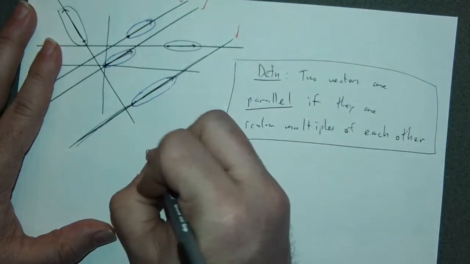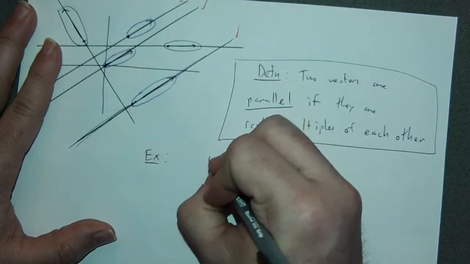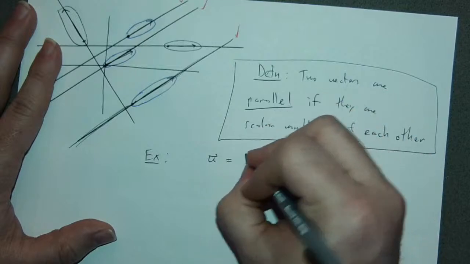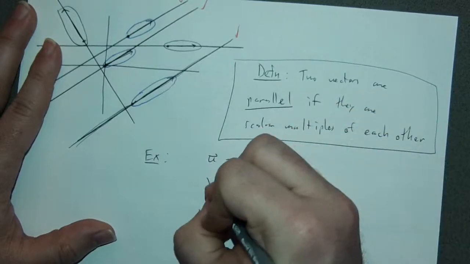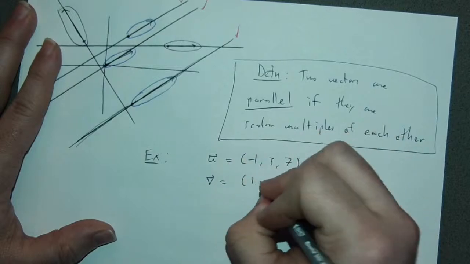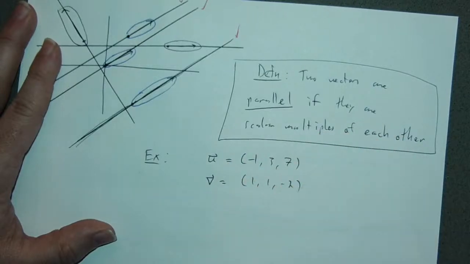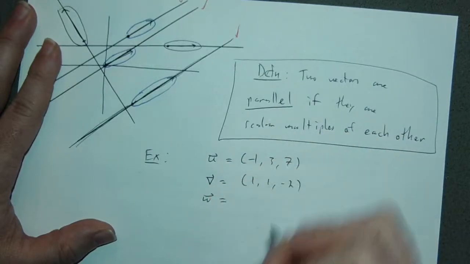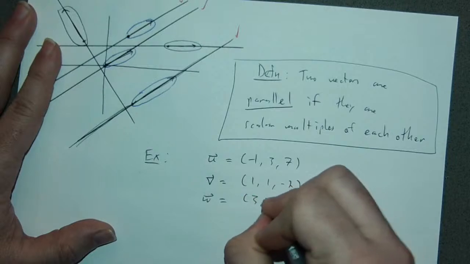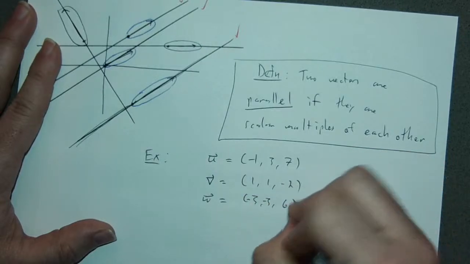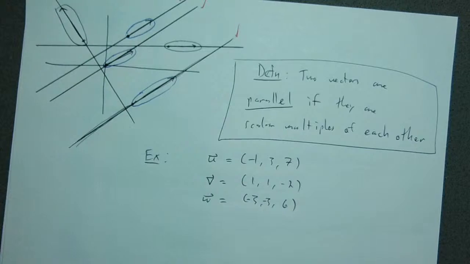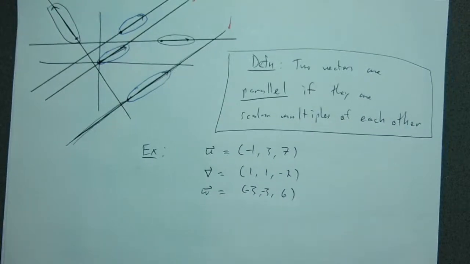So, example. Let's have vectors u = (-1, 3, 7). Let v be (1, 1, -2). Let w be (3, 3, -6). Actually, let's do (-3, -3, 6). There we go. That's even better. Okay, so here are my three vectors.